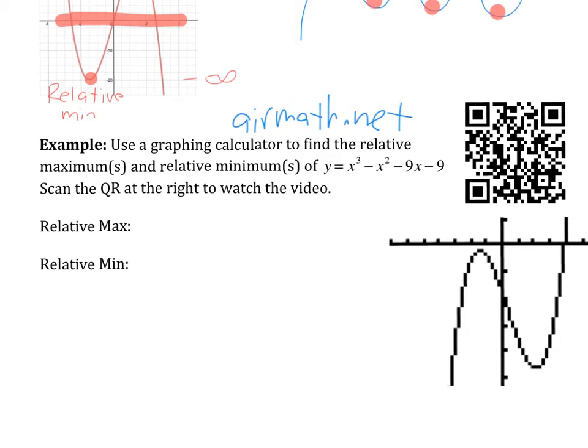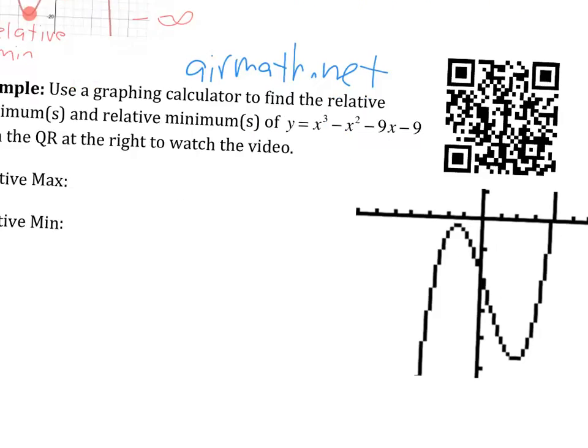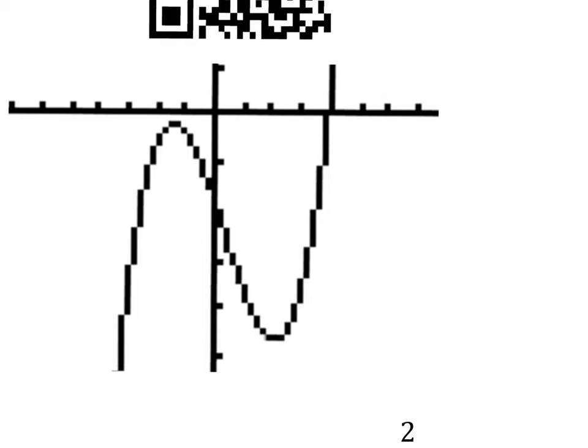Remember that every single one of these maxes and mins, they're turning points. The highest it gets for this region is right here. That's a turning point. So effectively what we're doing is finding the y value of our turning point. This is the minimum over here, and we're trying to find the y value of that turning point.